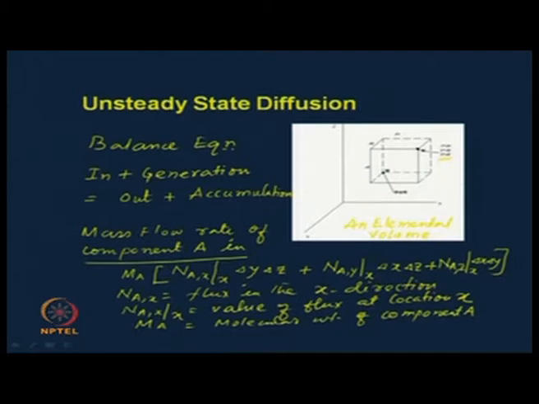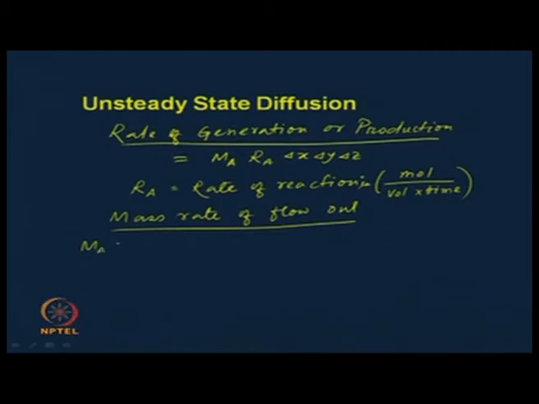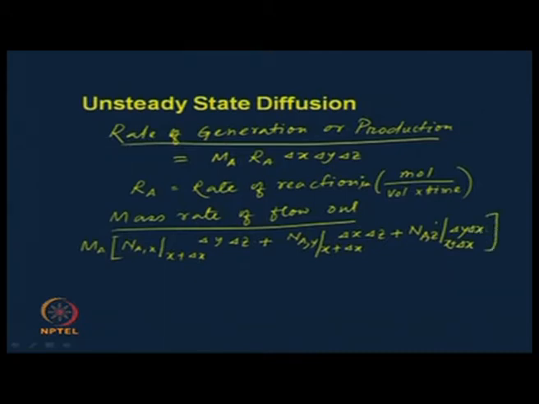So, for this control volume, the mass rate out we can write M_A into N_Ax at x plus delta x delta y delta z plus N_Ay at x plus delta x delta x delta z plus N_Az at x plus delta x delta y delta x. So, this is the mass flow rate out.